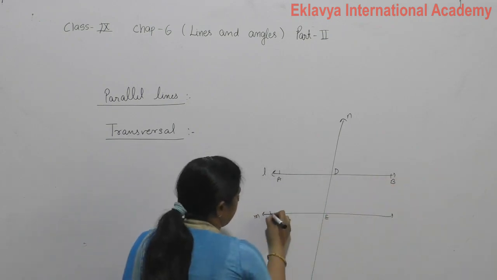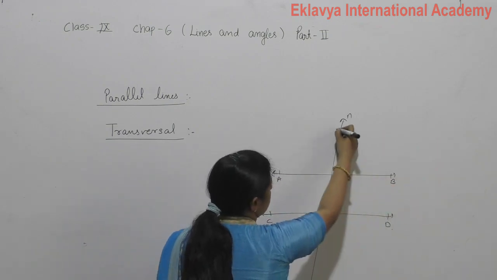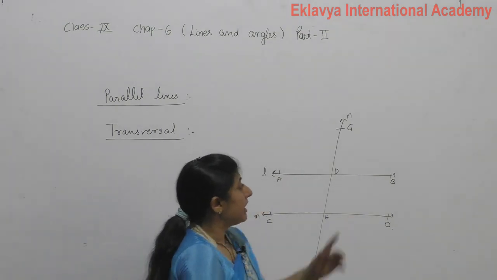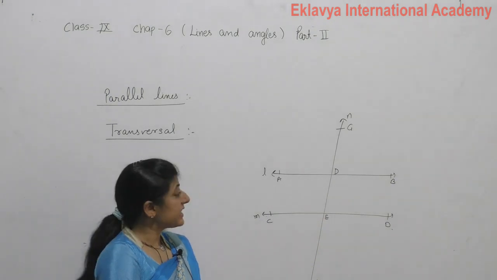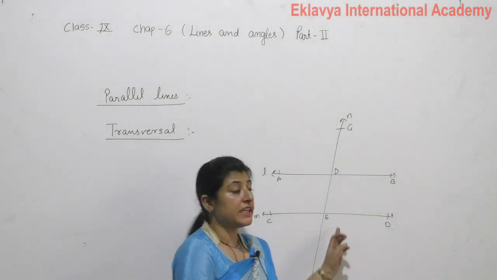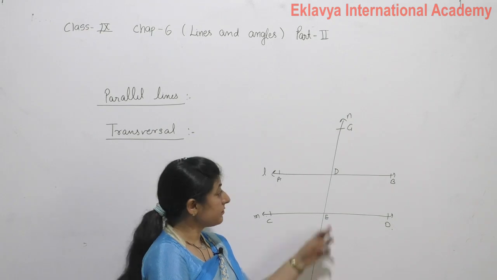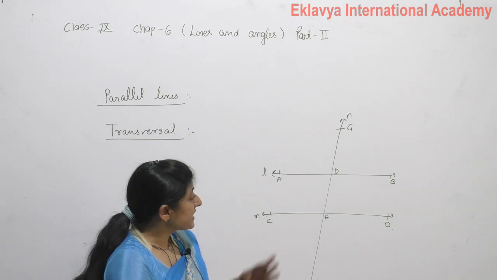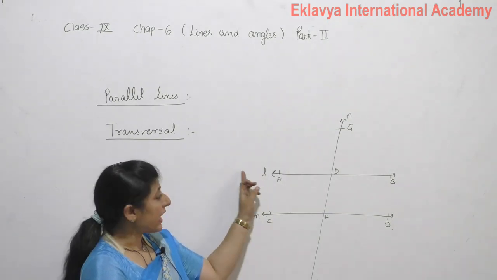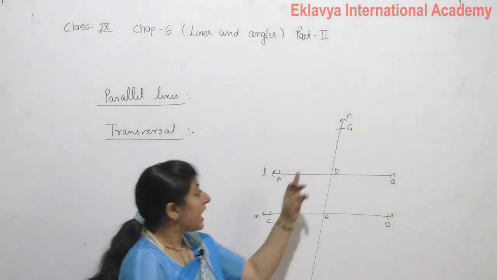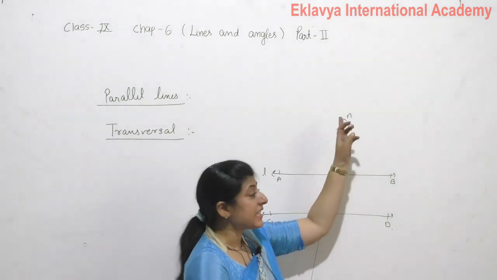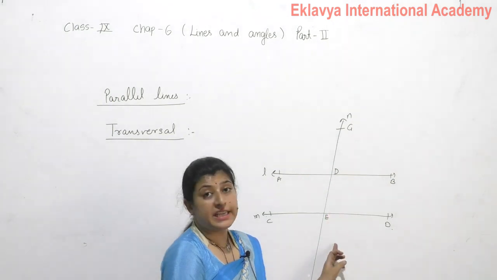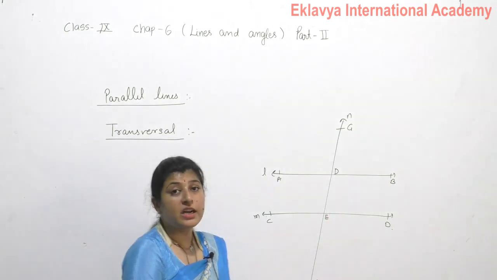Suppose I take lines AB and CD. When a line intersects two or more lines at different points, then this line is called a transversal. It means here we can say two lines are L and M, and there is a line which intersects lines L and M at points D and E respectively. This is called a transversal.